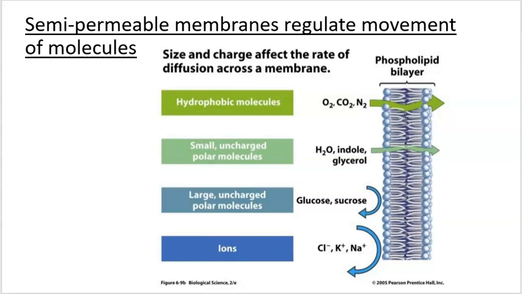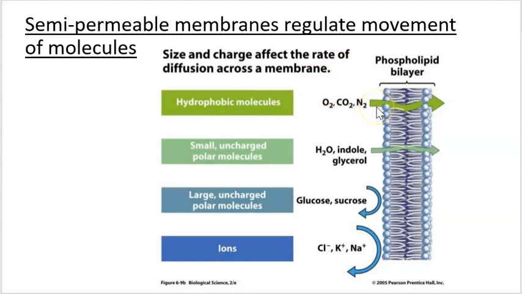In this figure I got from another textbook out there, but I liked how it summarized things. You can see that semi-permeable membranes with this phospholipid bilayer itself are actually going to control, or regulate, the movement of molecules. And we can see a variety of different characteristics here.